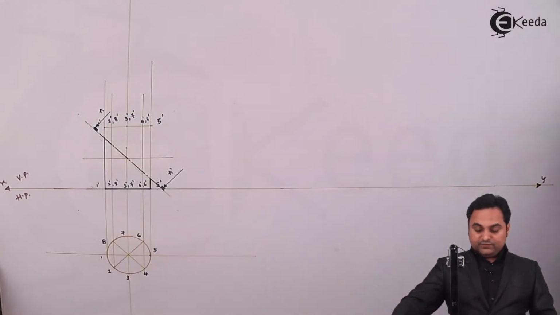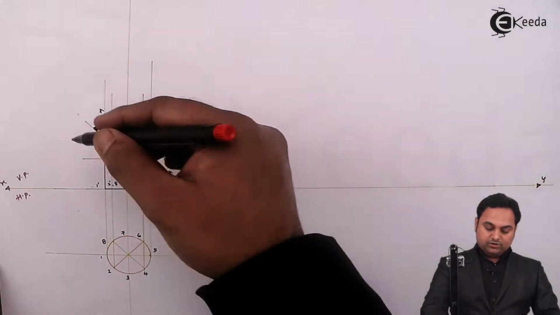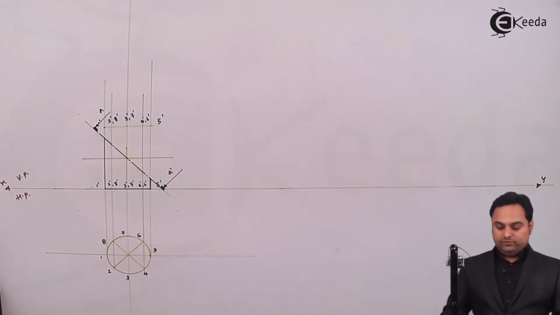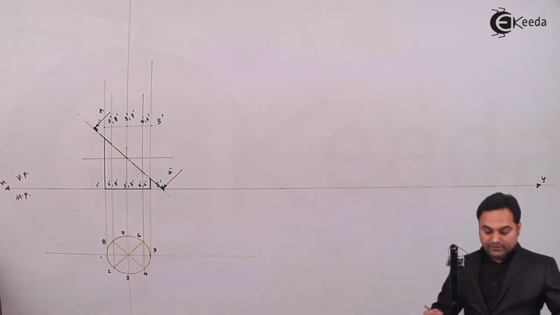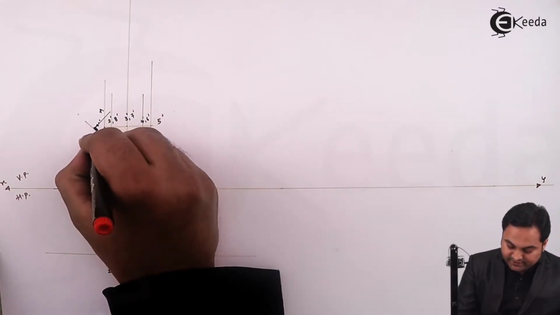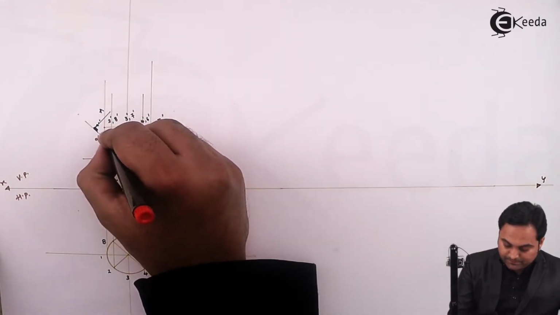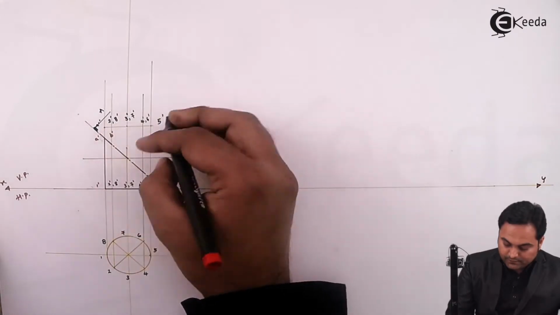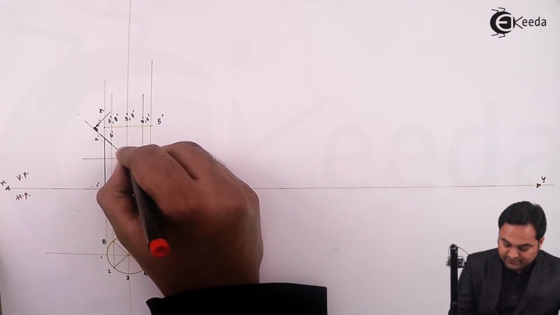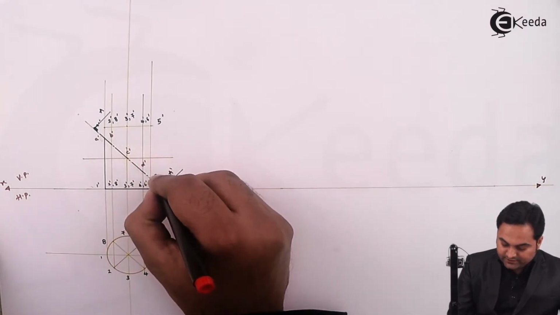Next, as we see, the cutting plane is cutting the cylinder across the generators. So I'll give the notations accordingly. Where it is cutting the generator 1 dash 1 dash, I'll call that A dash. Where it is cutting 2 dash 2 dash, that will be B dash. Next, similarly C dash, D dash and E dash.